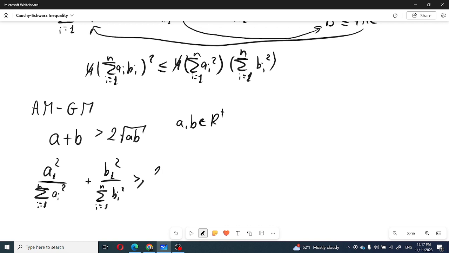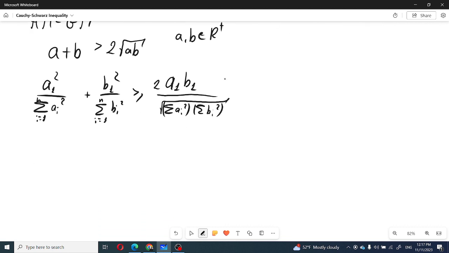So this must be greater than or equal to 2 times the square root of a1 square b1 square, so this will be a1 times b1 over the square root of the product of ai square times bi square, i is from 1 to n also.